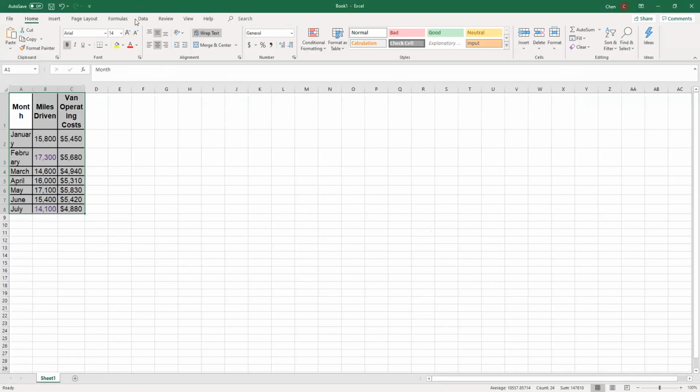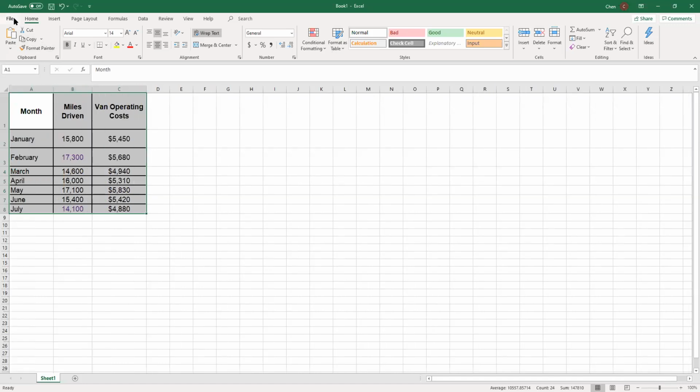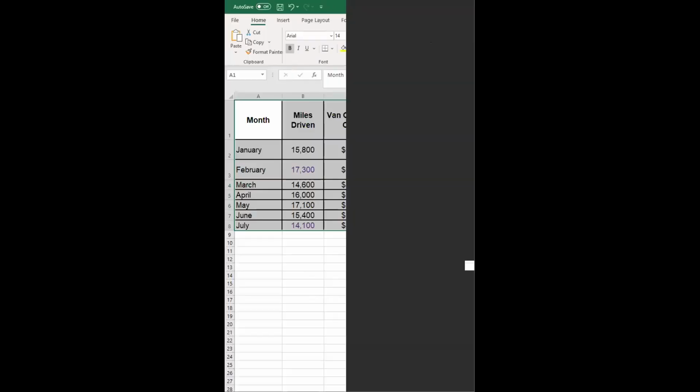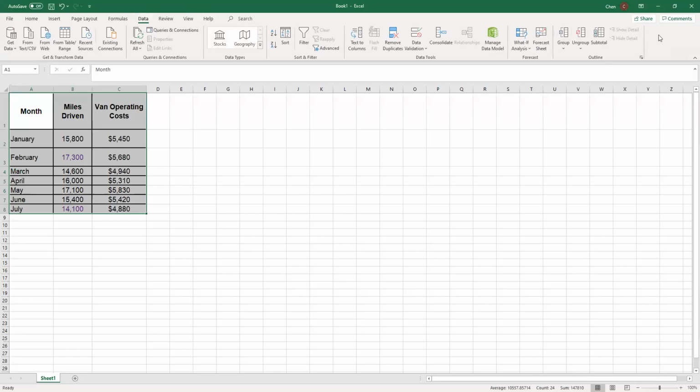All right, so now I think you are looking at my Excel. These data are obtained from our example before. If you look at your data tab, usually here you will see data analysis.